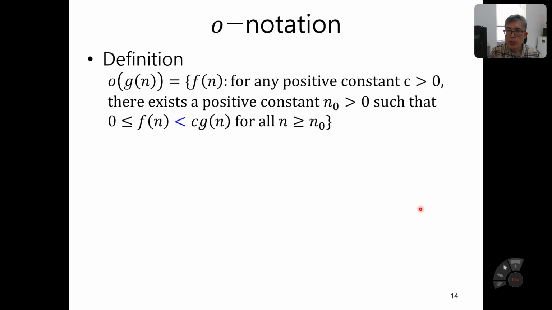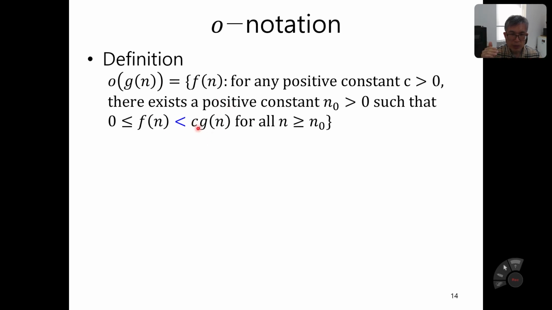Okay, now we'll see little o and little omega. Little o notation definition: little o of g(n) is a set of functions f(n) such that for any positive constant c, and this is important, any positive, there exists a positive constant threshold n0 such that f(n) is a proper upper bound, not equal.